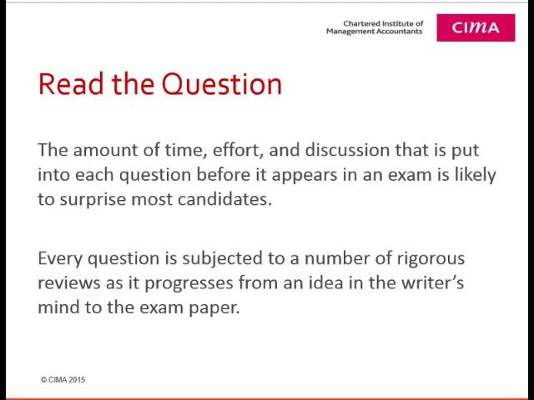Second, only the data included in the question is required to obtain the answer. That means you should not waste any time wondering about additional data or inferring additional data into the question. An example of this could be a question that tests the ability to calculate the closing balance on a ledger account.